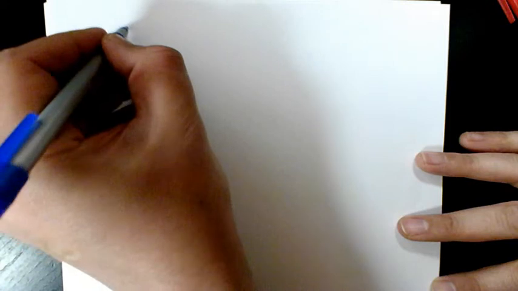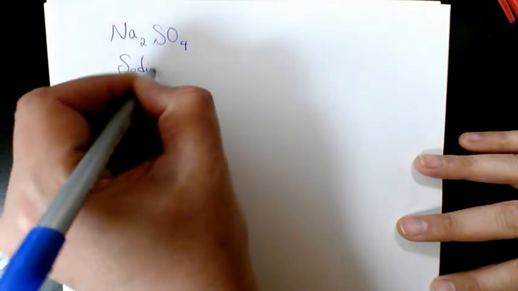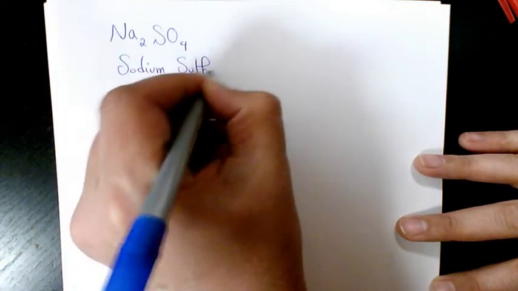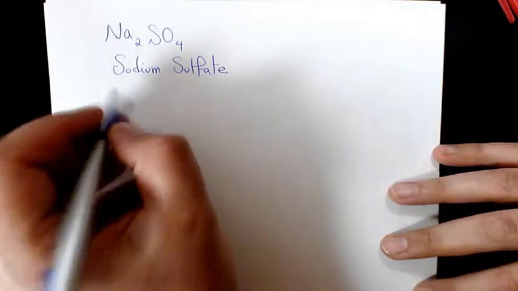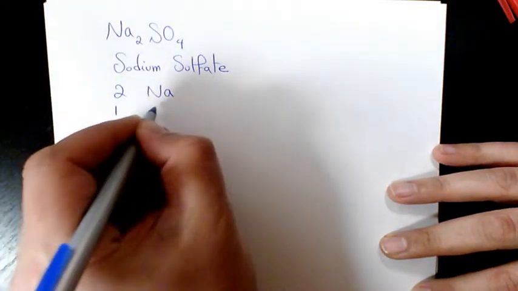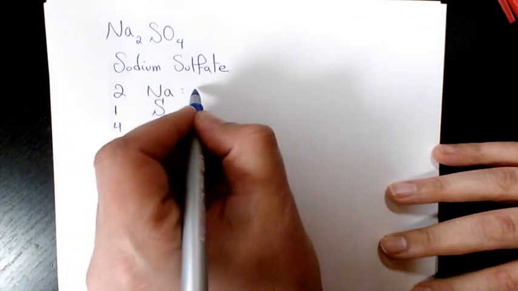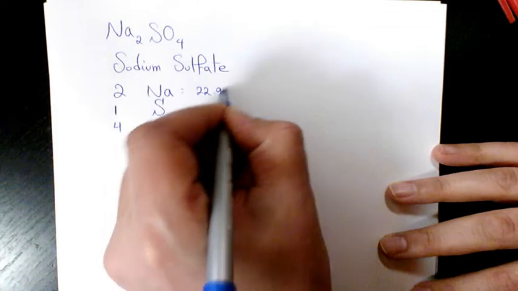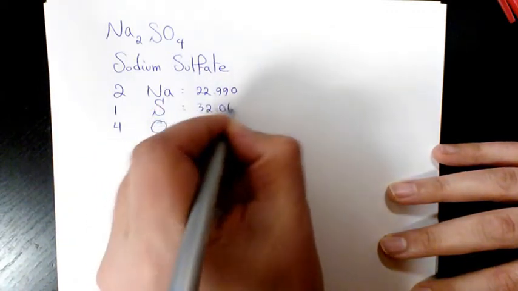Next one is sodium sulfate, Na2SO4. We have 2 sodium, 1 sulfur, and 4 oxygen. The atomic mass of sodium is 22.990. Sulfur is 32.06.